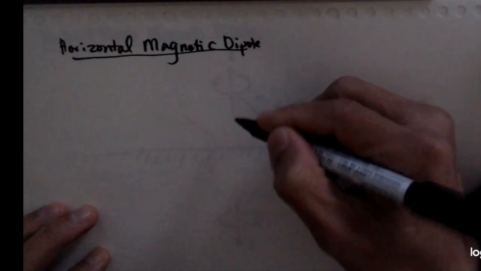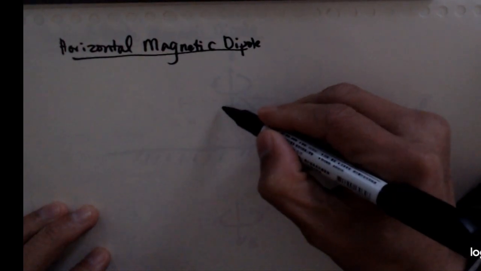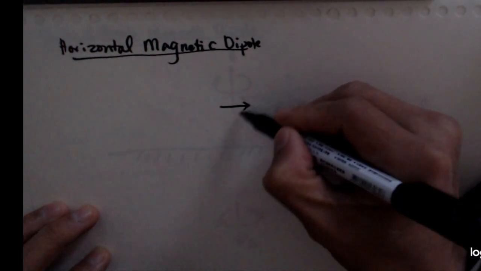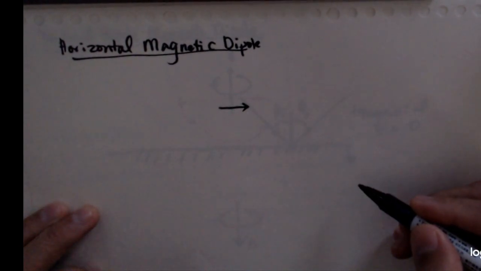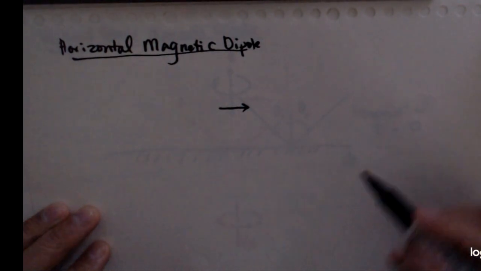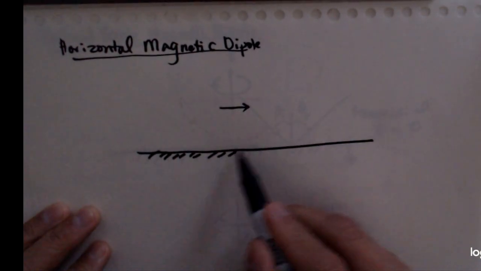So if you have the north and south pole, if you have a magnetic dipole horizontal, and your ground interface is also horizontal.